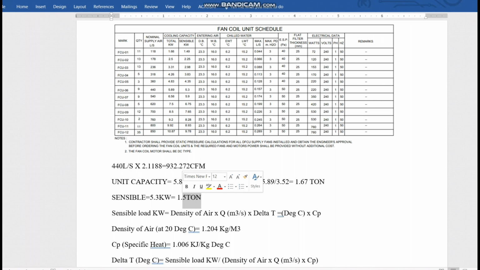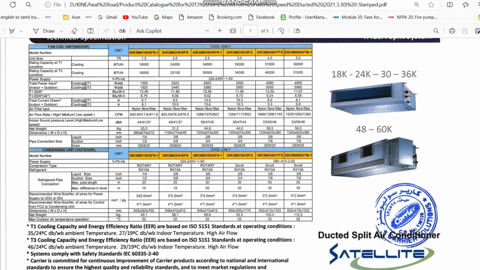So now let's finalize from the catalog. Here the T1 condition 35 by 24 is an outdoor condition. So outdoor dry bulb and wet bulb are 35 by 24 degrees Celsius, and for T3 it's 46 by 24. In our case, we consider 46 degree dry bulb temperature, so we need to follow T3, not T1.